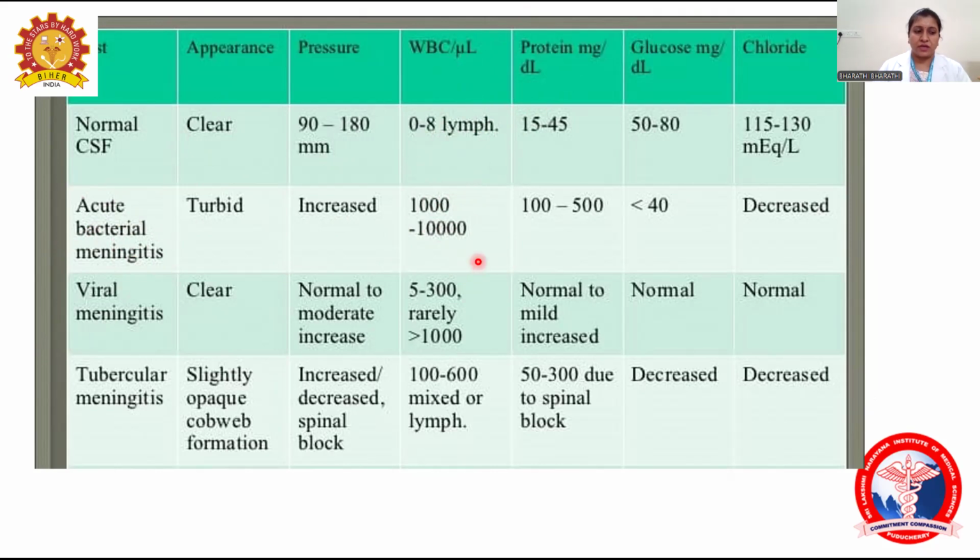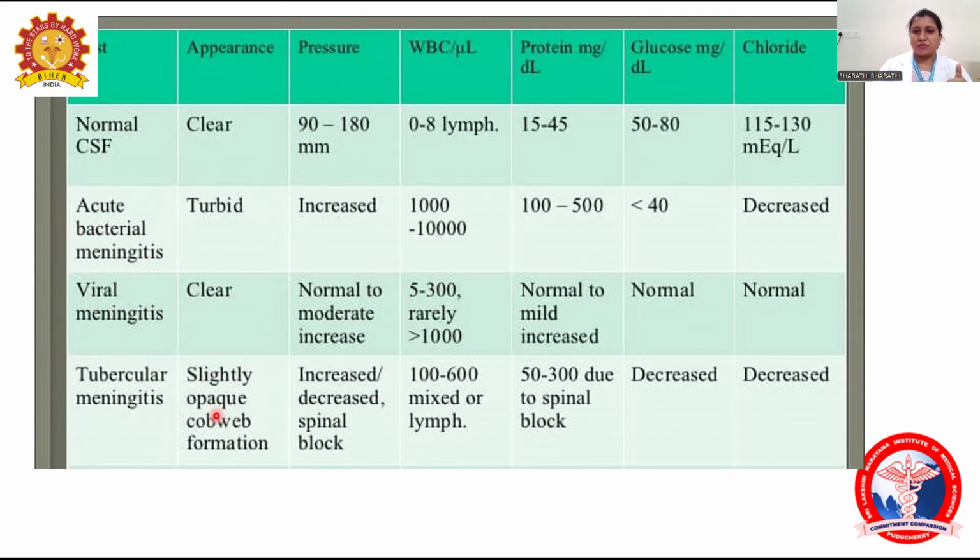If you get a fluid that is full of polymorphs or any WBCs, you have to think of an acute condition. In viral meningitis, cells are increased, but only up to 300. It is not as high as in bacterial meningitis. In tubercular meningitis, it is higher than viral but less than bacterial, somewhere in between.